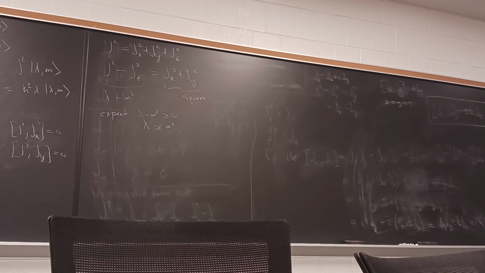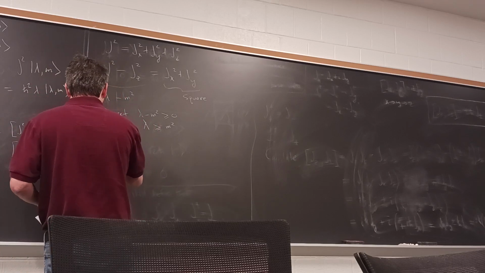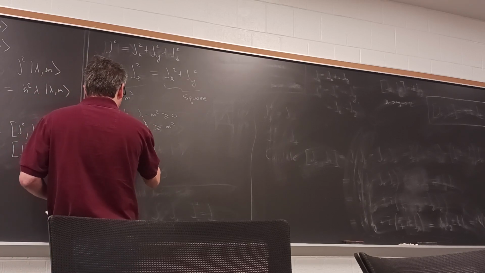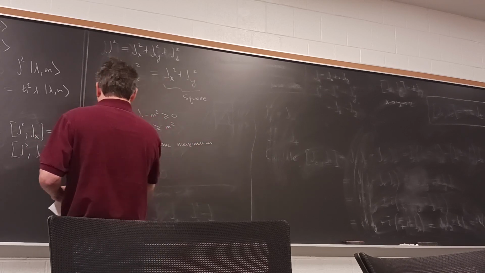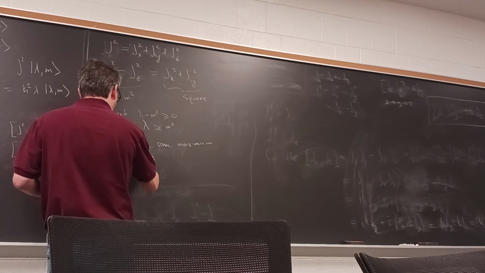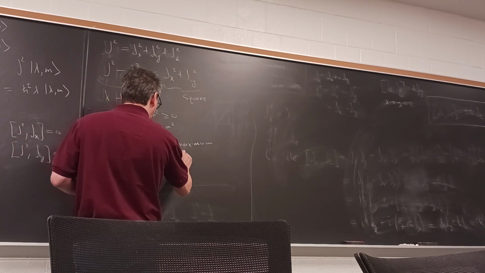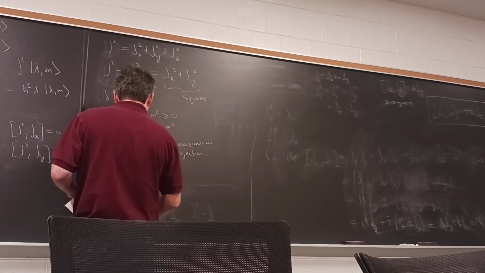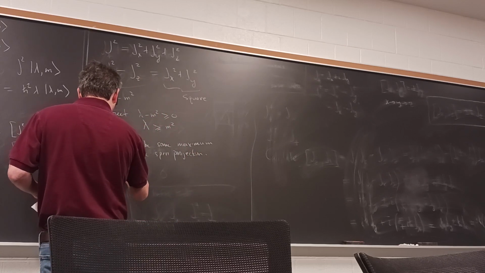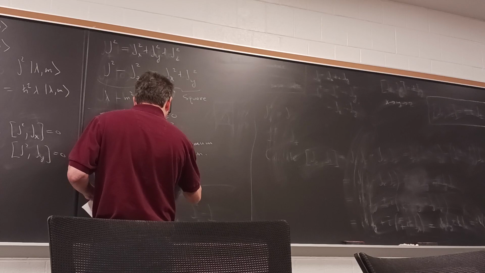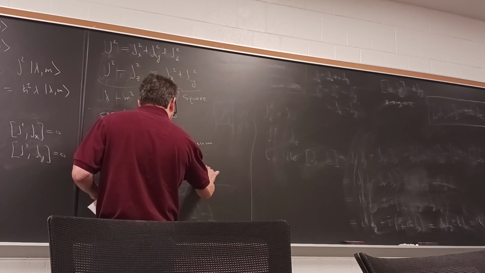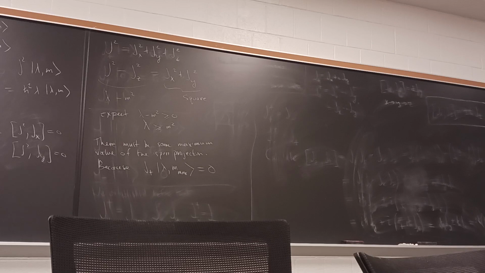Now we said if we were on the top rung of the ladder, you can fall off. So there must be some maximum value, so j plus of lambda m max was zero. If there was some maximum value of m, we fall off the ladder and we get zero.